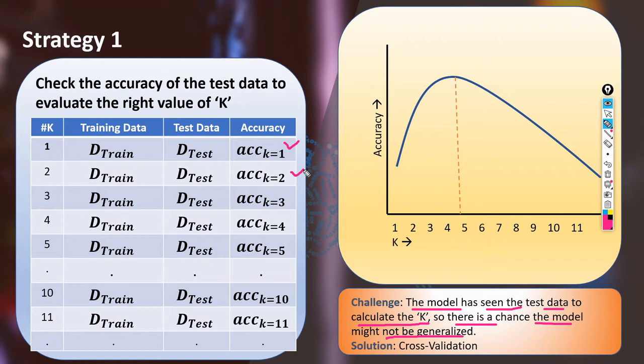So this is actually a training process, inside the training phase, but we have already used Dtest to evaluate the value of k. So maybe this k is good, but it is good for this particular data set. We don't know whether this k would be good for any unseen data point. So what would be a good strategy? What is the solution? The solution is cross validation.